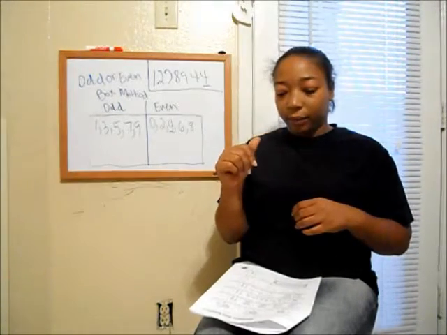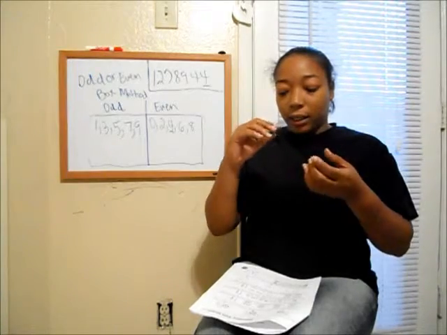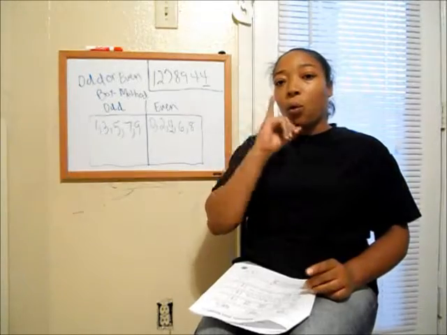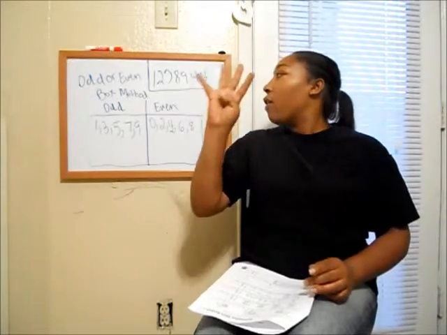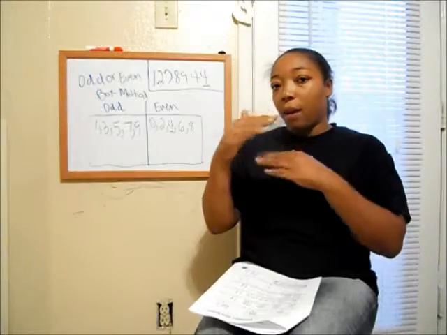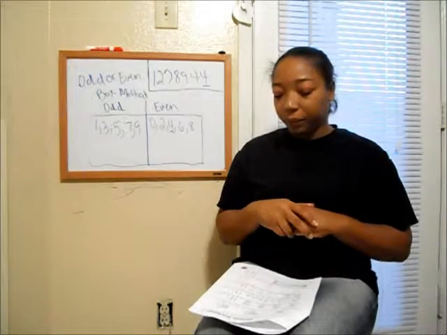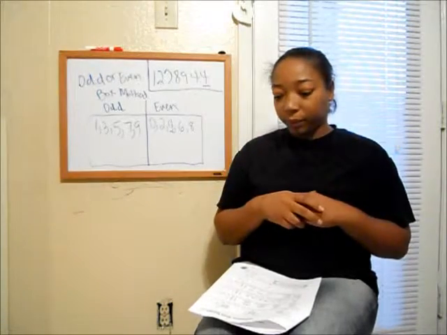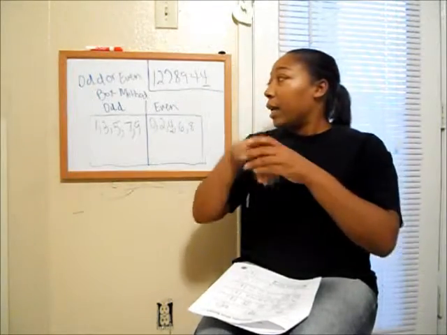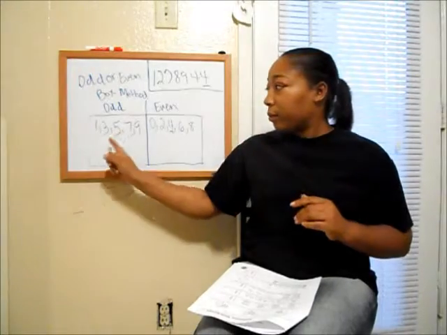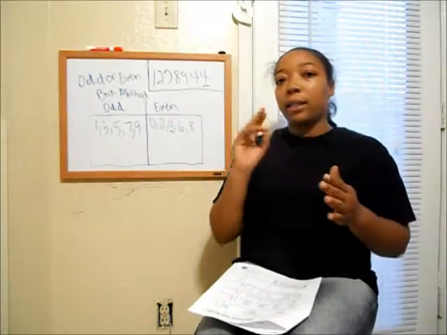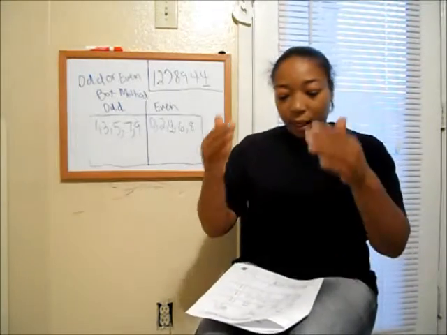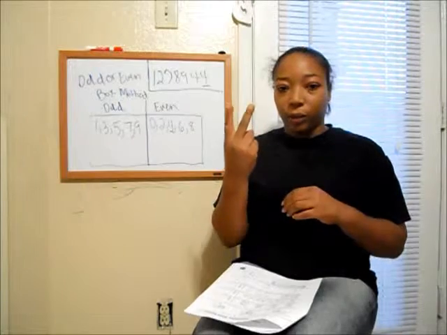No, it's not. The next group of toys has 4. Where is 4? 4 is in the even box also. The last group has 3 toys. 3 is in the odd box. So what is our answer? C, correct.